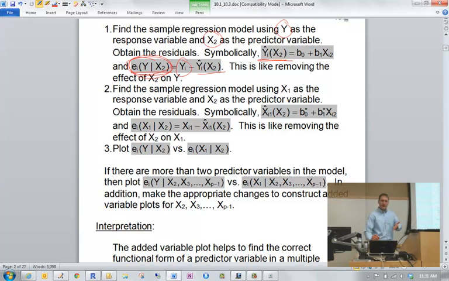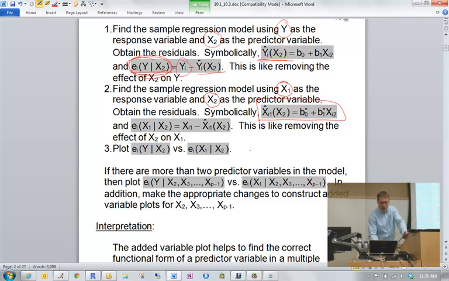Then, now estimate another sample regression model where x1 is the response variable. Not a predictor variable, but a response variable. And we're going to use only x2 to predict it. So you can say that our model looks something like this, where we have x hat 1 to represent the predicted value of x1, given x2 is being used to predict it.